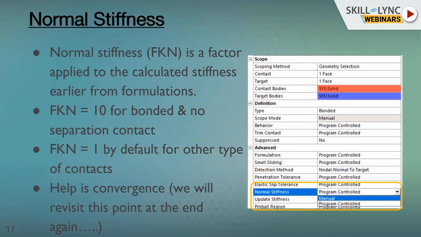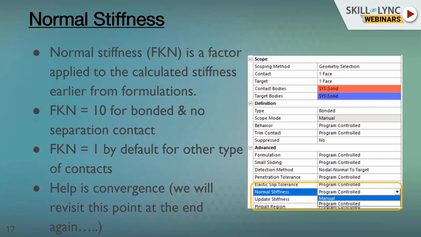So FKN is 1. When FKN is 1, whatever stiffness is calculated by the software will be used directly in the solution. But if my calculated stiffness or force is some x, and I want to reduce that force just to achieve easier convergence, and I'm okay if penetration is there, you can reduce the FKN.